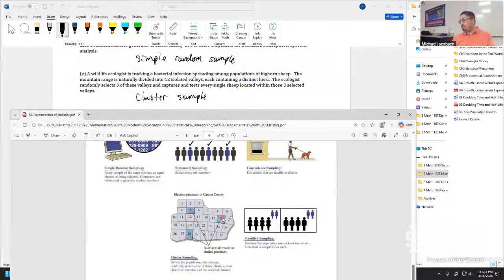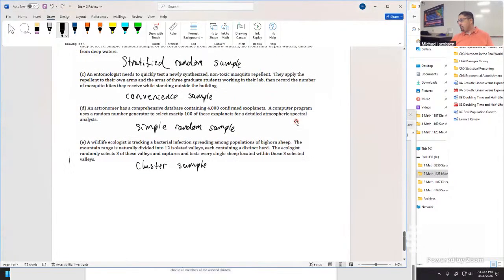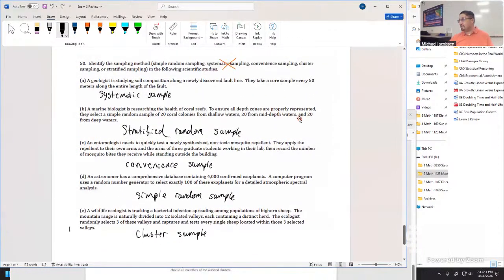Much like here, 3 precincts were selected, and everybody in the precinct was part of the population. That's the hallmark of a cluster sample. You won't have the graphics on the real exam, you'll have the full definitions. And that's how that kind of question would go. But sorry for being over by nearly 2 minutes on this one.